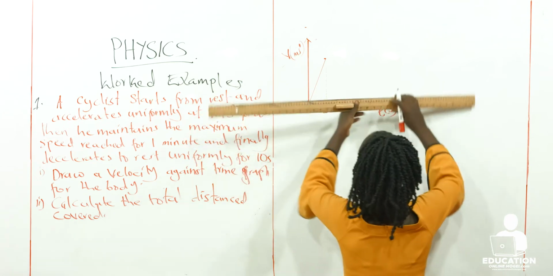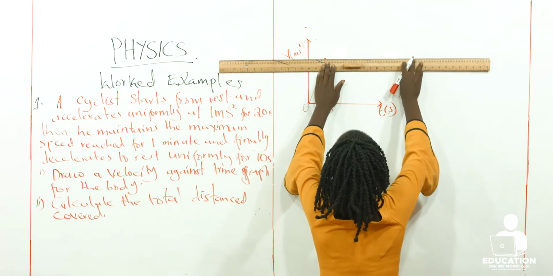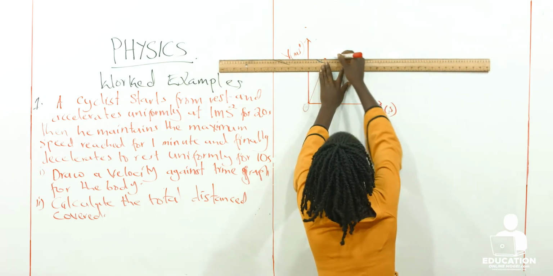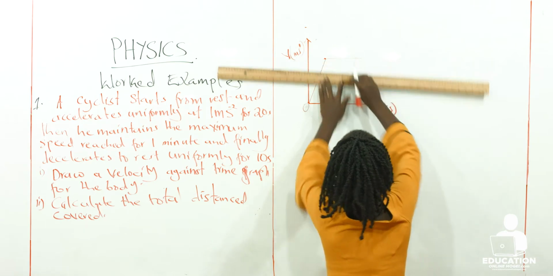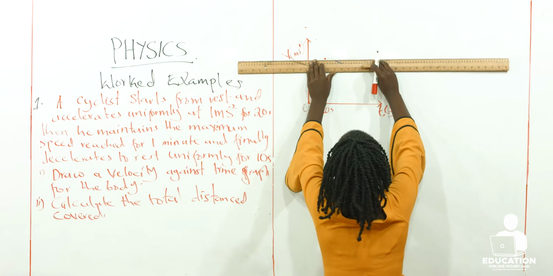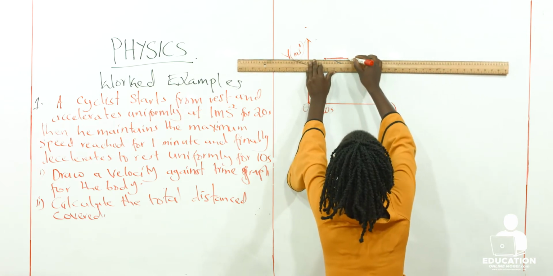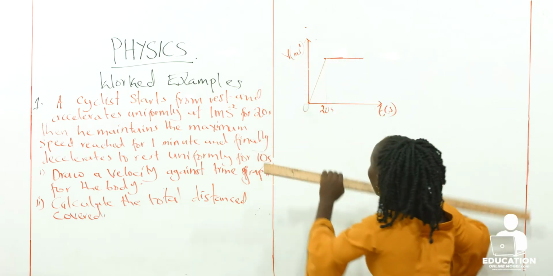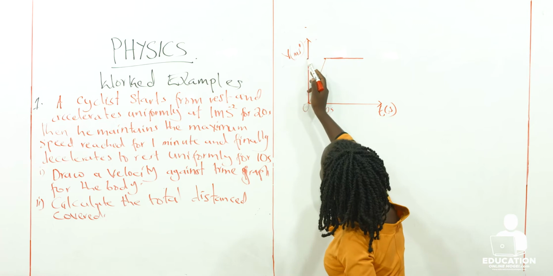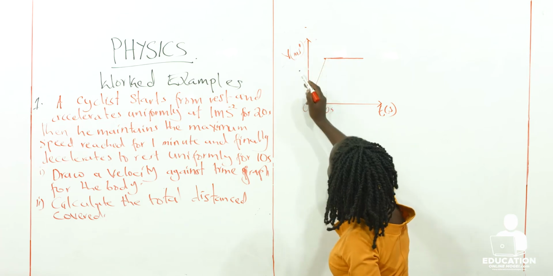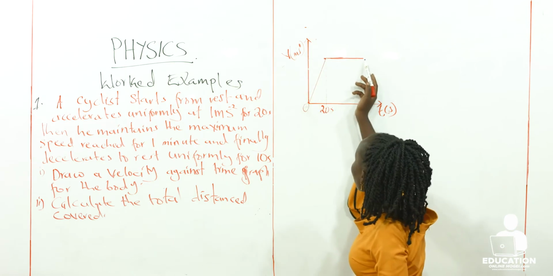So we keep this line straight, a horizontal line. This horizontal line will indicate to you that there is a uniform velocity, because if you check the velocity here, you find that the value is the same at this point and at that point.